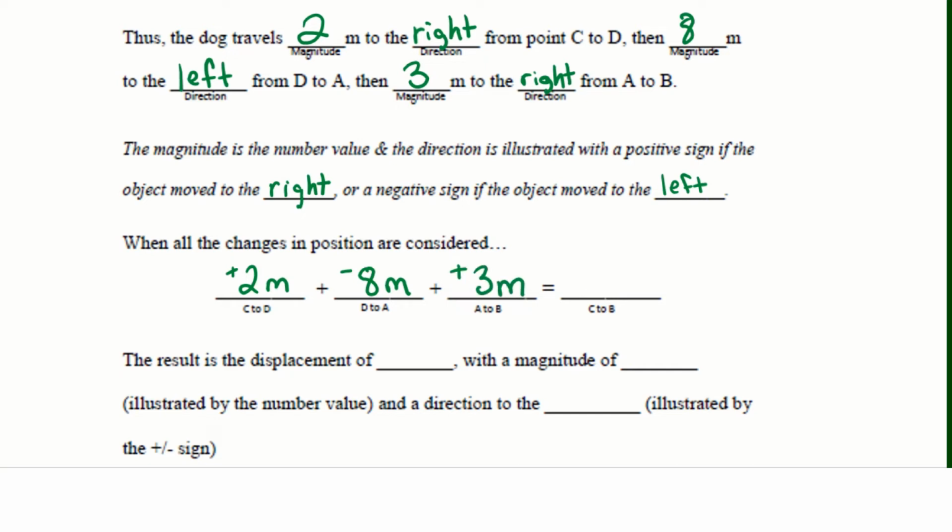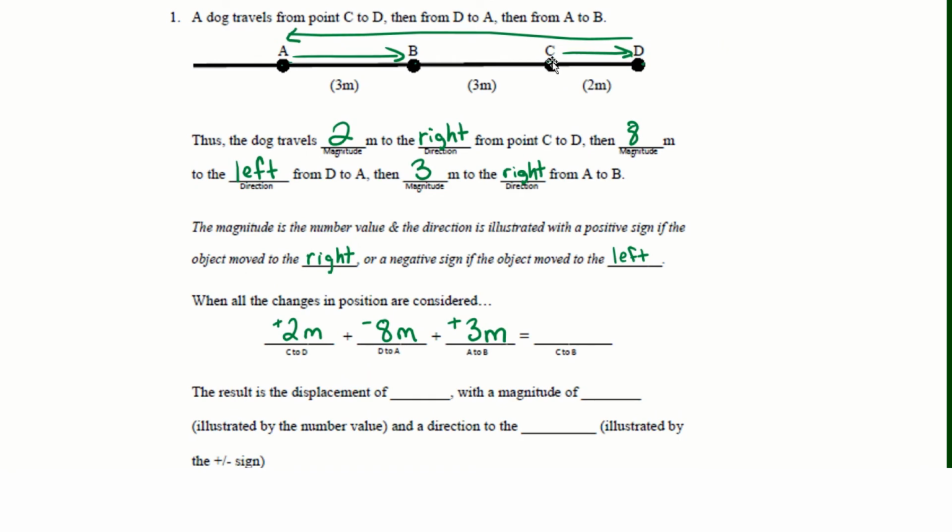Okay, so now what we need to do is take into account all of these vectors and come up with what the sum would be of these vectors, which in this case would be the same thing as us looking at going from position C to position B. Because in reality, that's actually what we did.